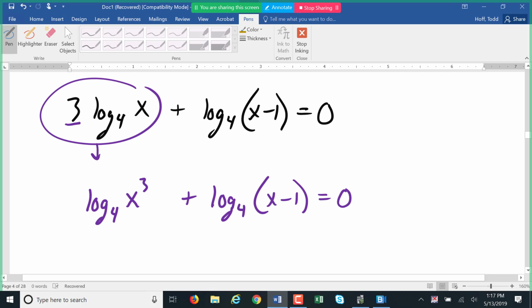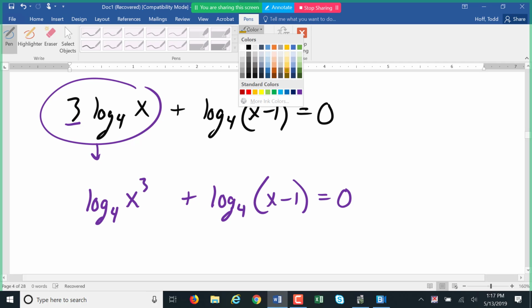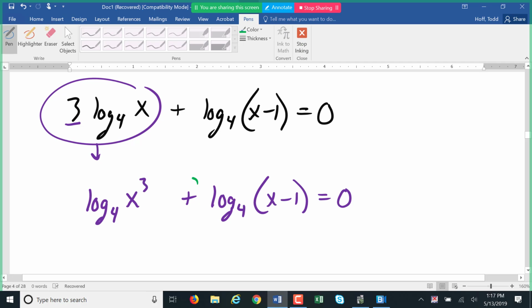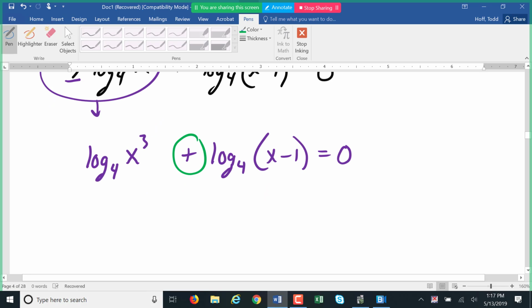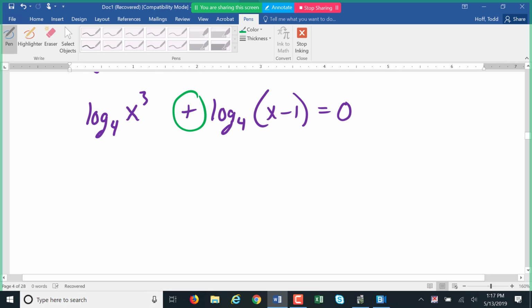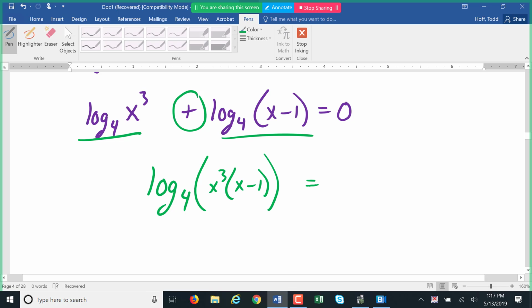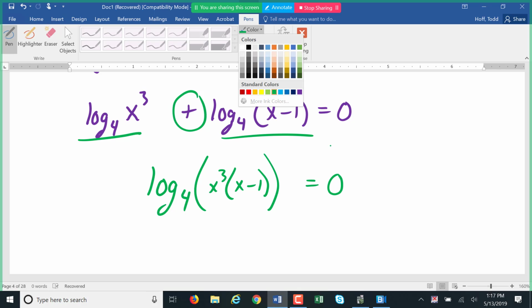Okay. So next, we have logs that are being added together. Remember, when we're adding 2 logs, that means the objects, as long as they're the same base, can be multiplied. So I can combine those two to get log base 4 of x to the third times x minus 1 equals 0.